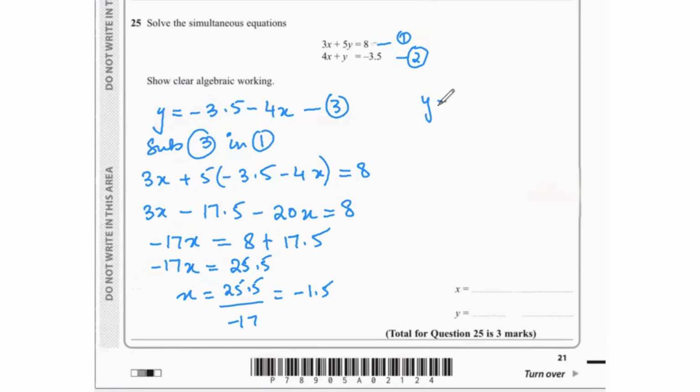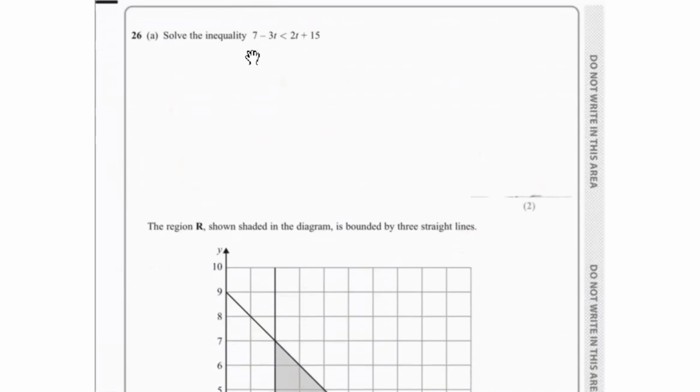So y is going to be negative 3.5 minus 4 times negative 1.5, which equals 2.5. So when x is negative 1.5, y is 2.5. That's your answer.